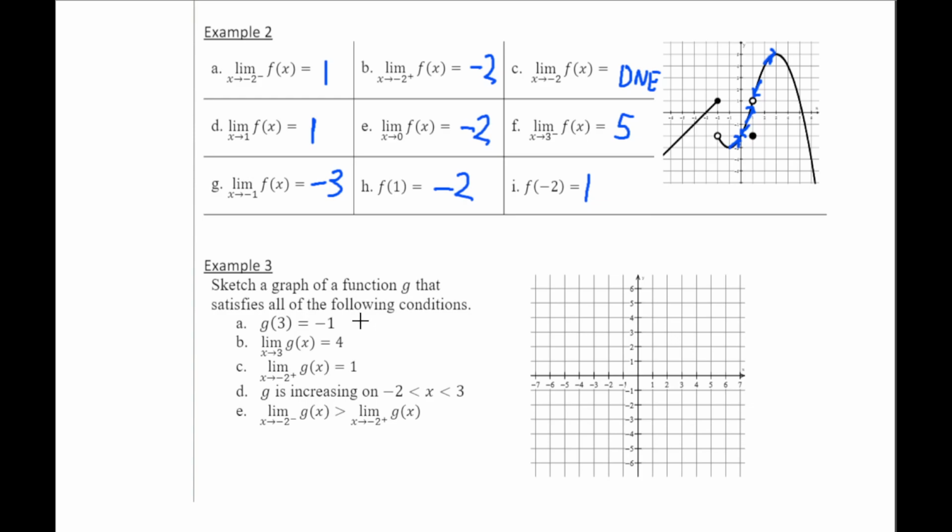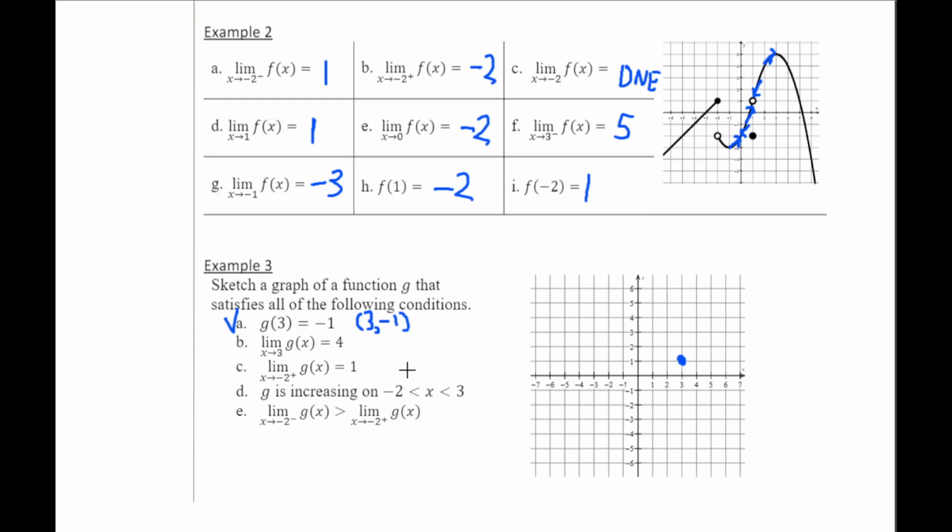So g of 3 is equal to -1. So at x equal to 3, y is equal to -1. So there has to be a point right there. We can check that off. Limit as x approaches 3 of g of x is 4.